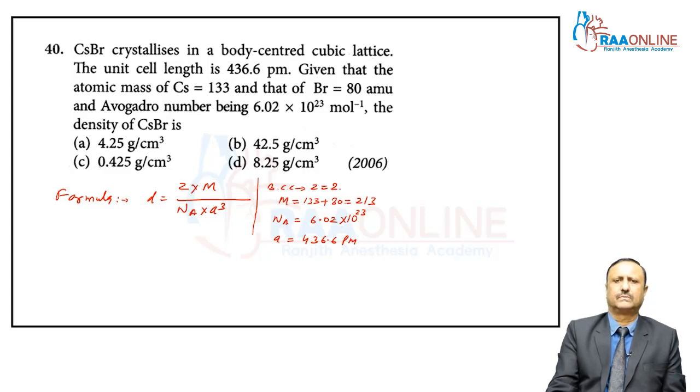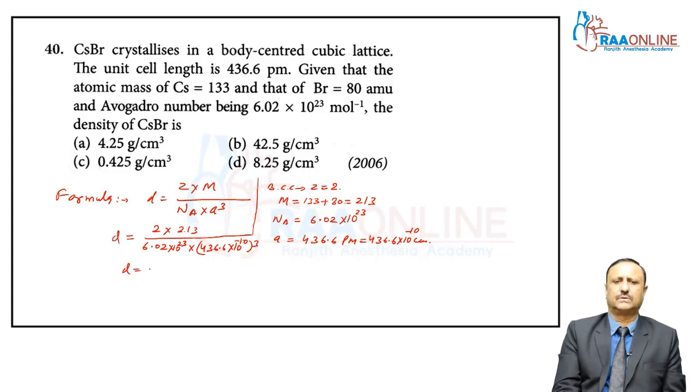Now it is converted into centimeter, 436.6 into 10 to the power minus 10 centimeter. My dear students, you can put these values in this formula and get the density. Now we put Z as 2, molar mass 213, divided by Na 6.02 into 10 to the power 23 into a, 436.6 into 10 to the power minus 10, whole cubed, and you can get the density.